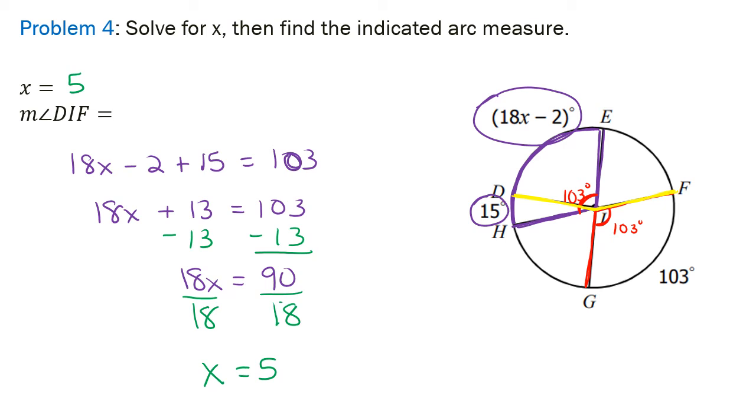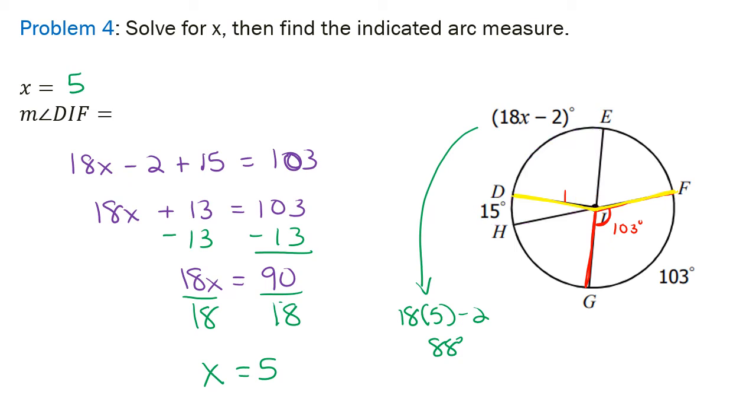So we can go ahead and do 18 times 5 minus 2. So 18 times 5 minus 2 is 88. So we now know that this right here is 88 degrees. What we don't know is this, but we can find it.